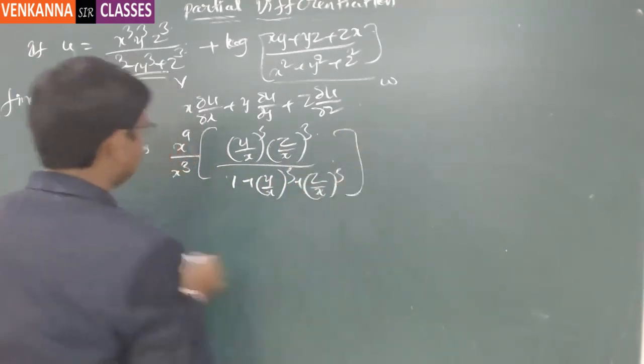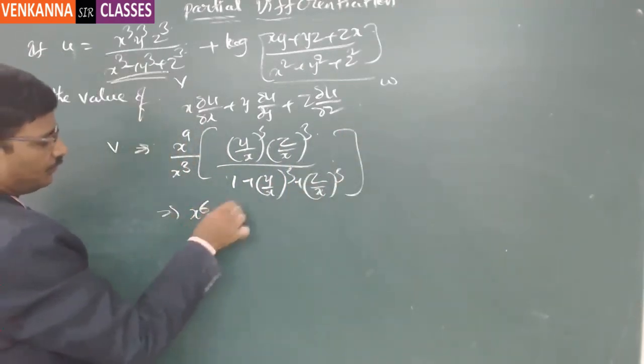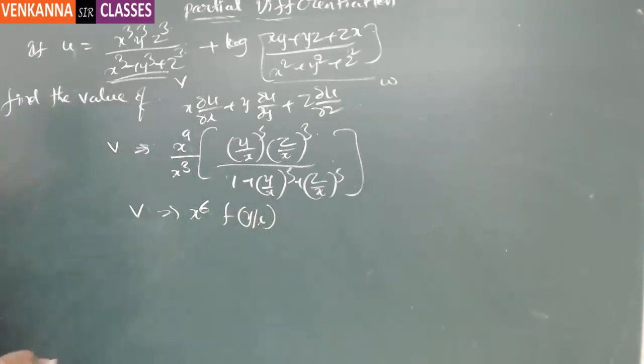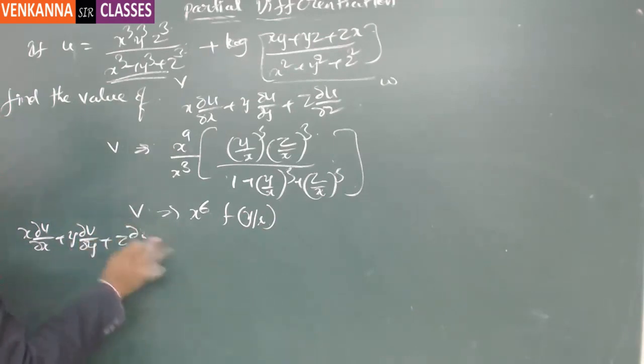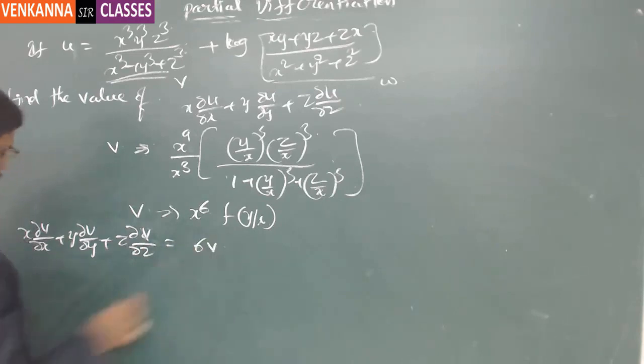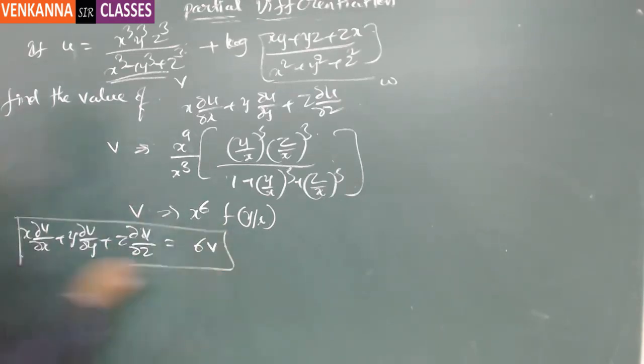Now this is x power 6 into f of y by x, z by x. So for this V, you can apply x ∂v/∂x plus y ∂v/∂y plus z ∂v/∂z is equal to 6 times V. So this is the first part.